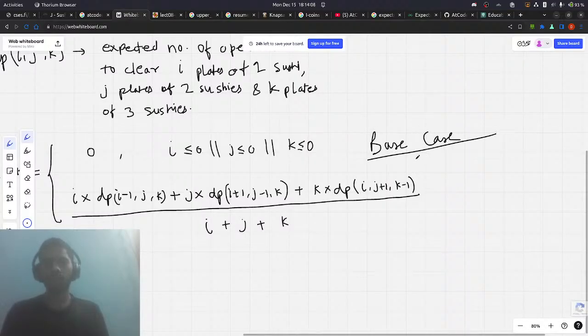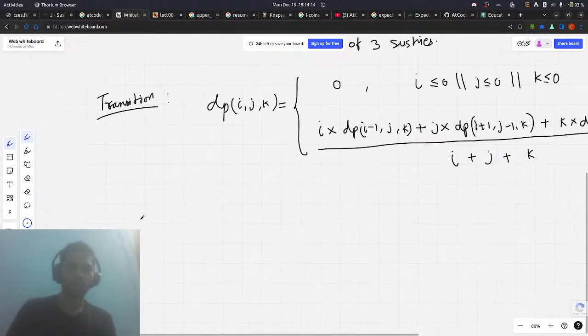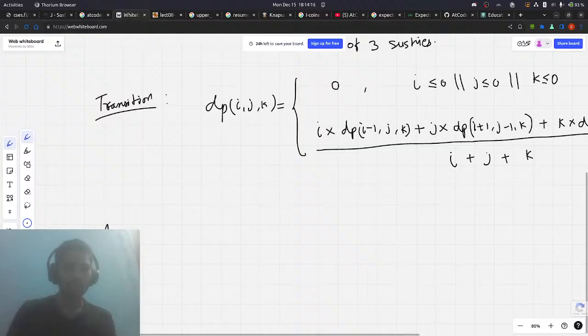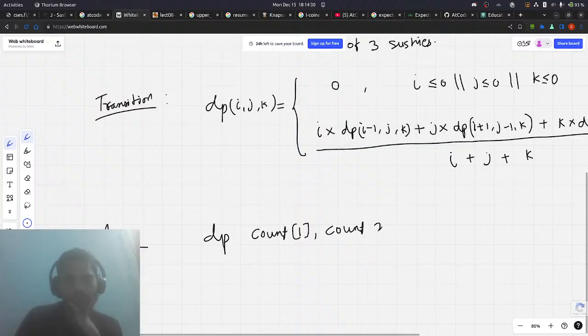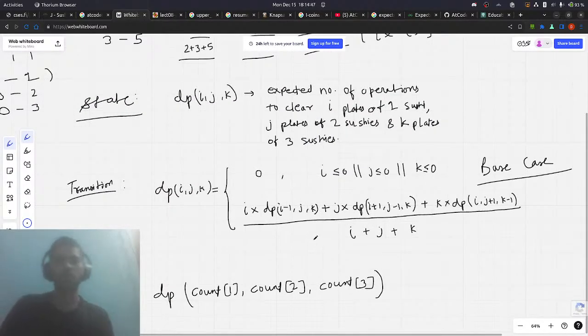Okay, so our answer will be dp of the count of plate 1, and count of plate 2, and count of plate 3. Okay, and yeah, so this should be the solution.